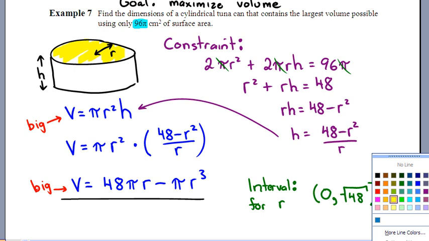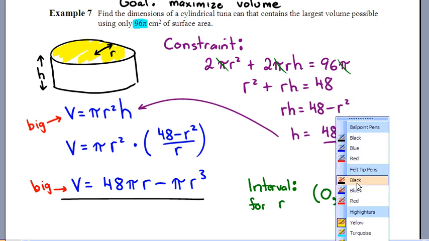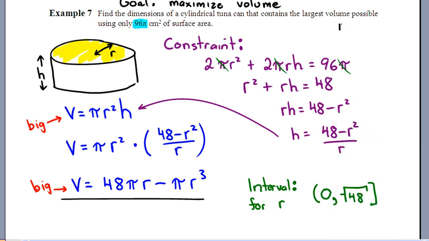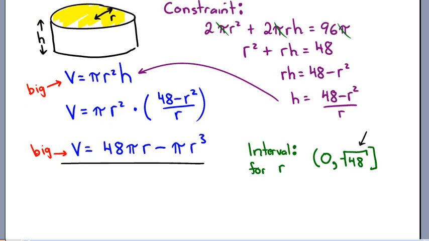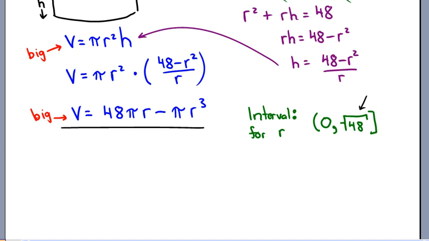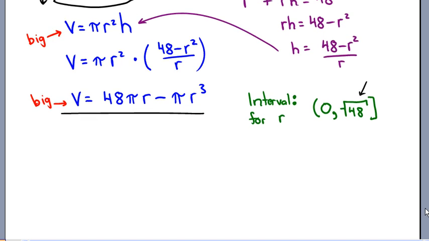What I did is I went to the side of my page and said, okay, if pi r squared is equal to 48 pi, what does that mean? Well, the pi's cancel, and then I took a square root, and that's where this root of 48 came from. I don't think that's a very good way to package tuna, because there would be 0 height, and you'd have no tuna left in there. But it is technically the biggest value you could have for r.